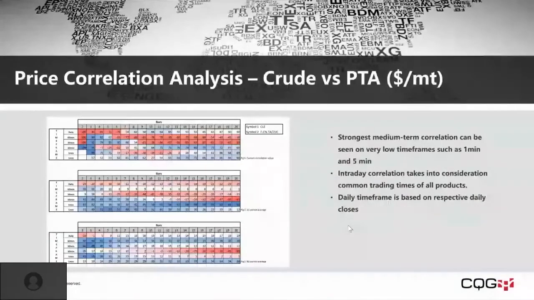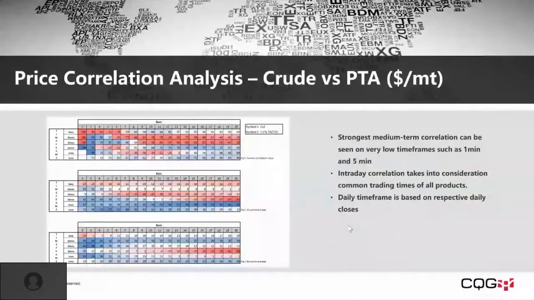So the lower two charts show a moving average period, which gives us a slightly better analysis to show us that this particular correlation is a little bit more confirmed over a few bars back. But what we're seeing here is basically that in order to find something to work on, we're going to need to use lower time frames between, I would say, 1 and 5 minutes to be able to find a little bit of profits.